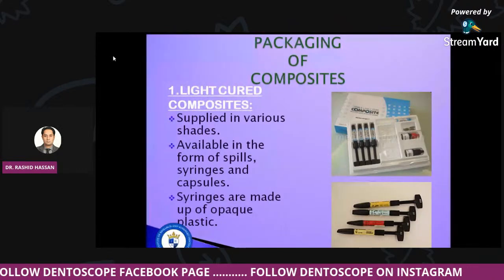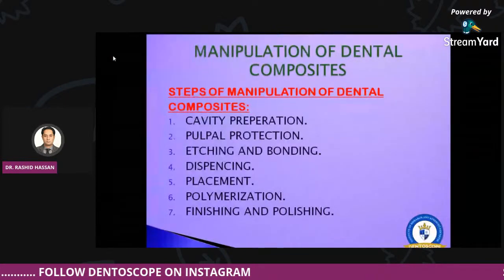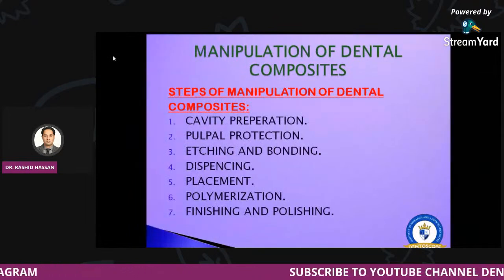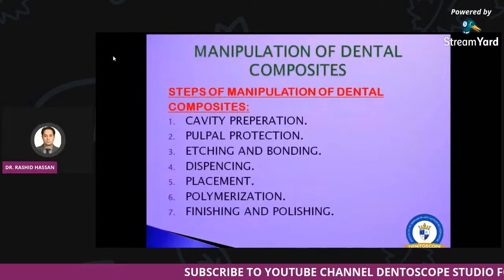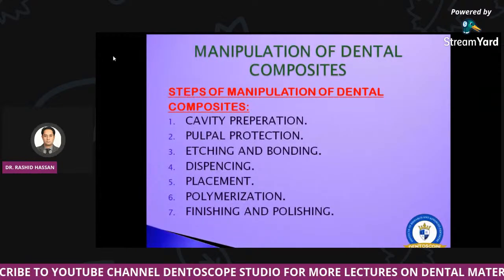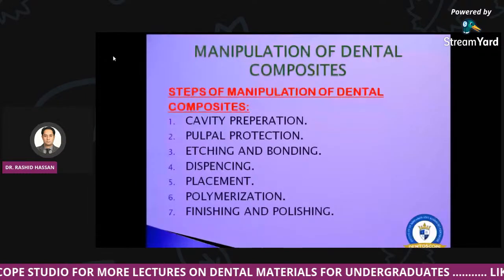Okay. Now moving ahead, what are the different steps to manipulate the dental composite? In case of an amalgam restoration, there are different steps, but in case of dental composite, it is very straightforward.